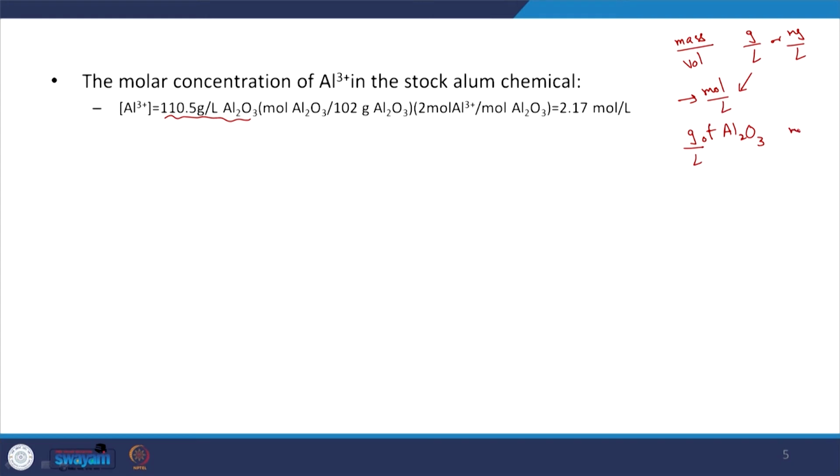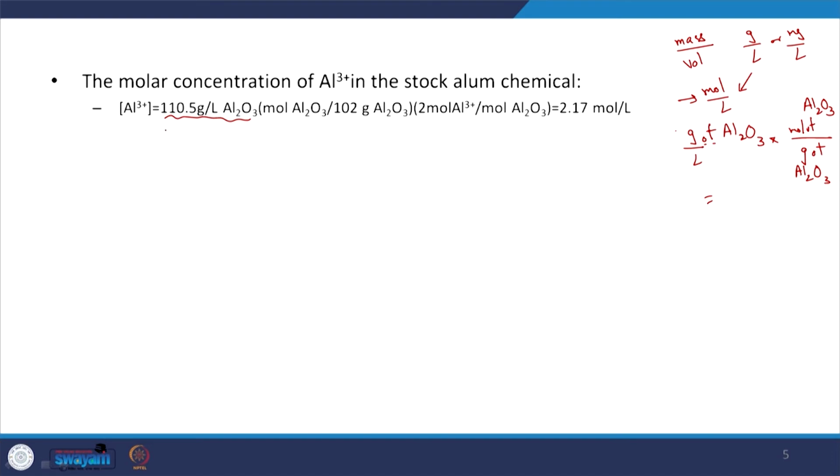If I want to convert it into units of moles per liter of Al2O3, what do I need? I need moles of Al2O3 in the numerator, right. And in the denominator, I need something that will cancel out the mass term, grams of Al2O3. And I have a relationship that gives me the moles per particular mass of Al2O3, that is the inverse of molecular weight. So, that is how you can go from mass units to molar units.